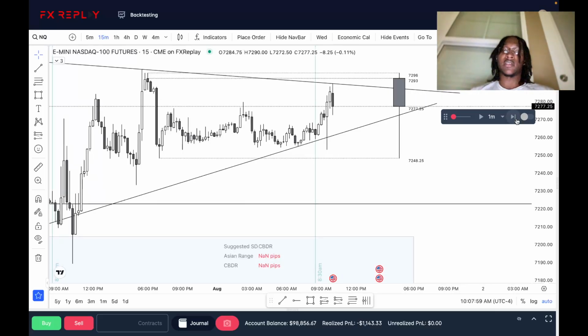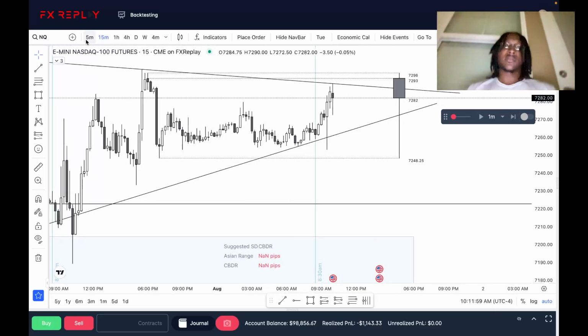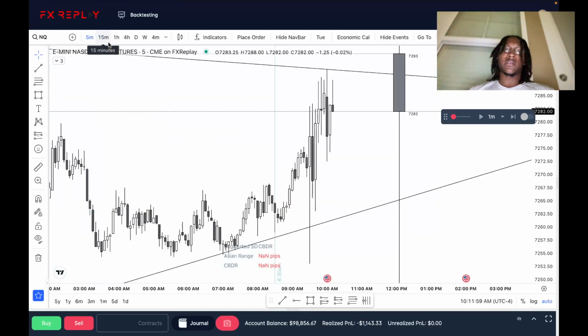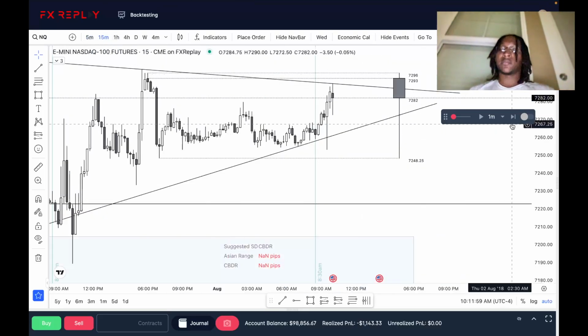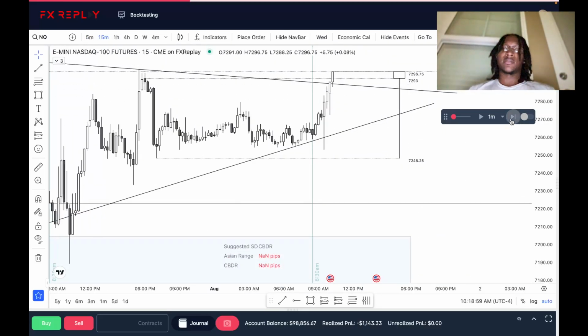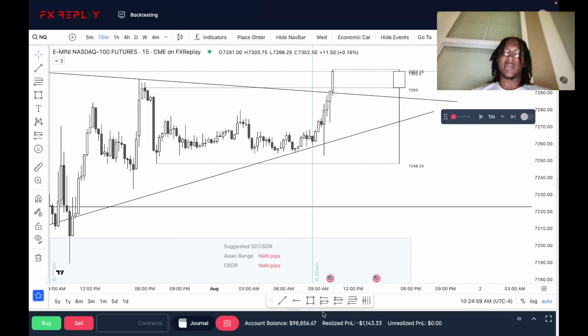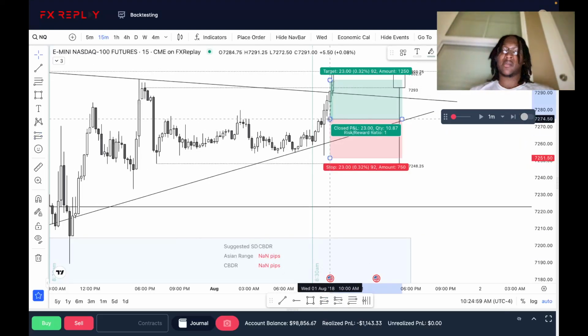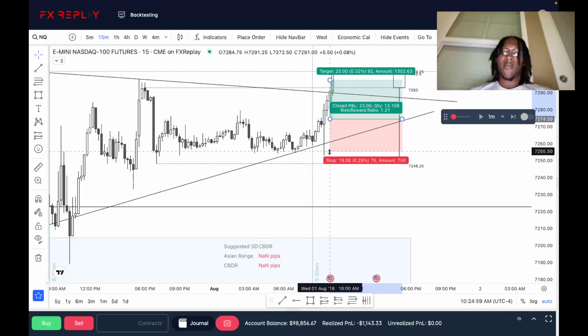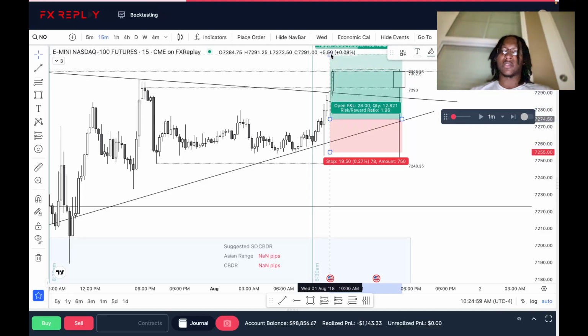Targeting. There's the entry there, potentially. Right there, the order block. Alright, the buy side, yeah, that was the entry here. Targeting.